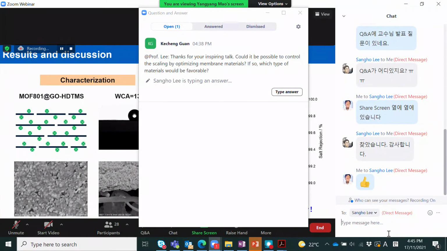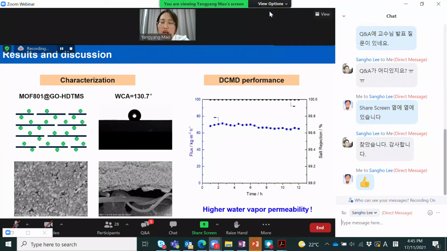And finally, we tested the DCMD performance of this kind of graphene-based membrane. It showed higher water vapor flux, about 16.8 kilograms per square meter per hour. And this work is ongoing, and we find that this strategy shows better separation performance.